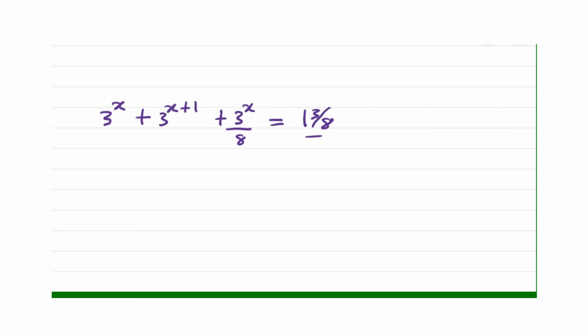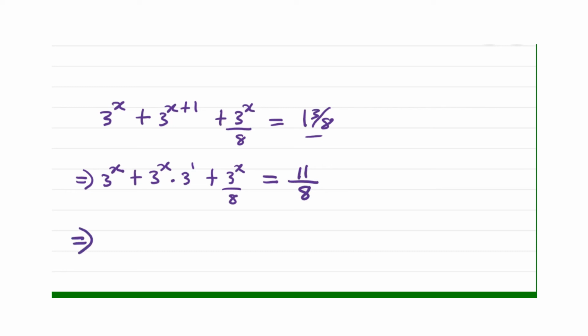Then let's proceed again. We break down our things, which means it will be 3 to the power x plus 3 to the power x multiplied by 3 to the power 1 plus 3 to the power x over 8 is equal to the mixed fraction 1 and 3 over 8. It gives us exactly 11 over 8.